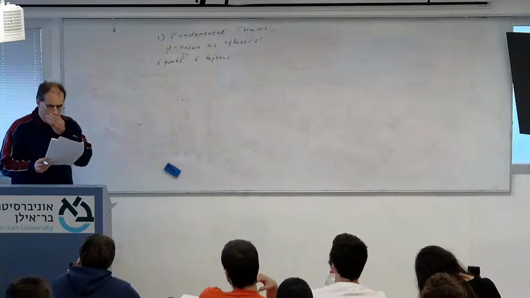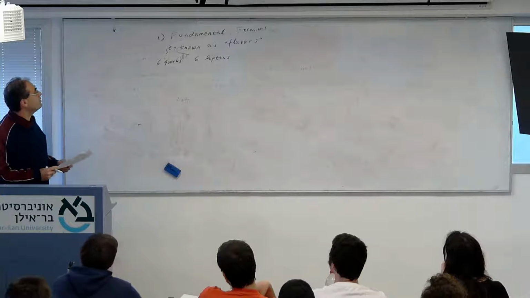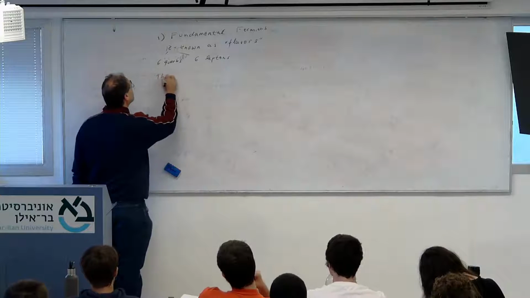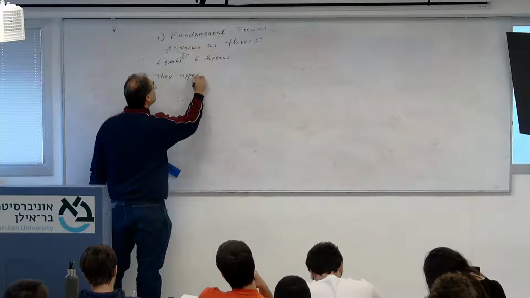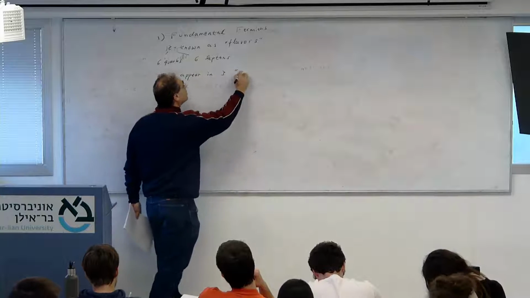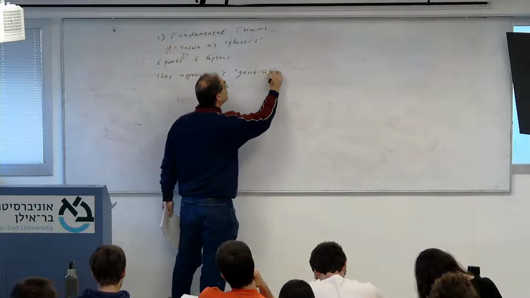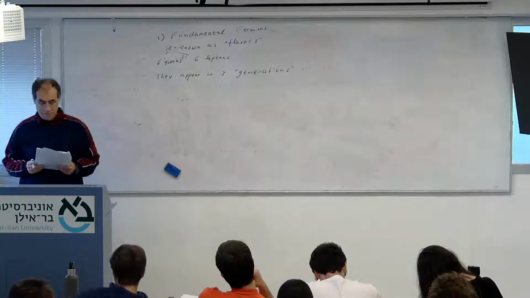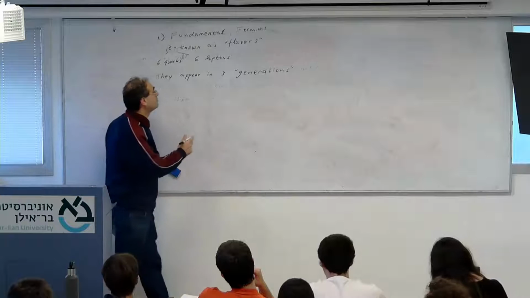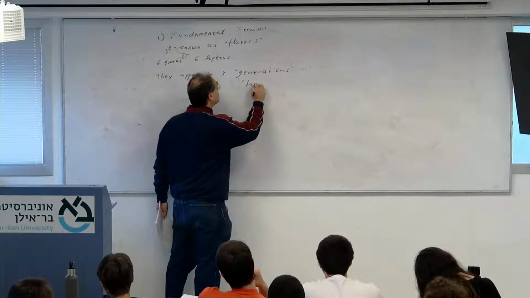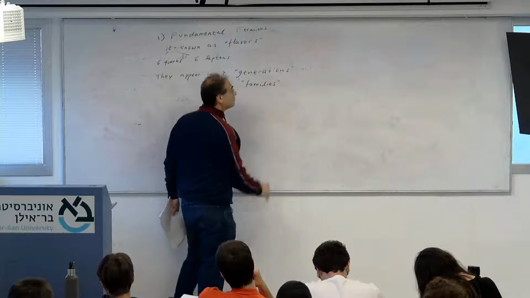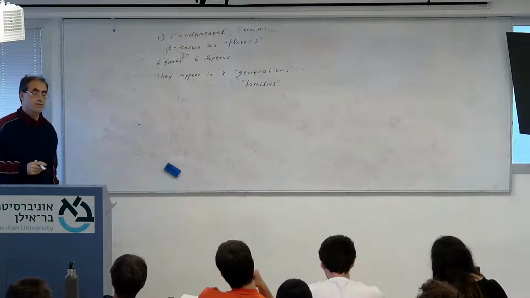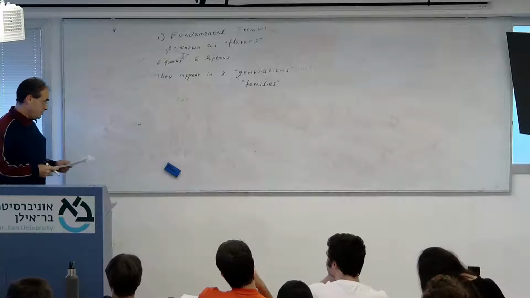Now, these 12 flavors appear in 3 generations. A generation is also known as a family. Each family contains 4 members.